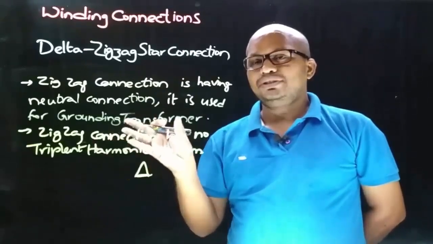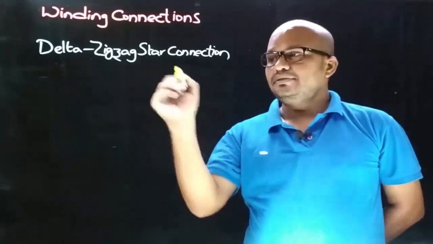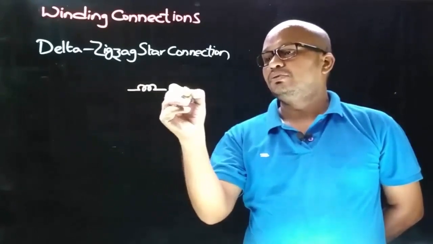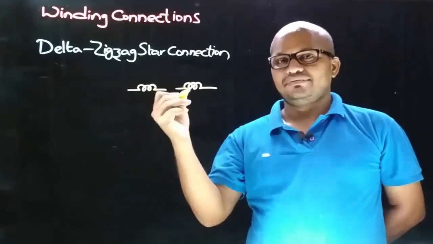Now let's see how the triplen harmonics in zigzag connection are reduced to 0. In zigzag connection, each phase winding is divided into 2 windings. Let us consider ABC phase sequence.